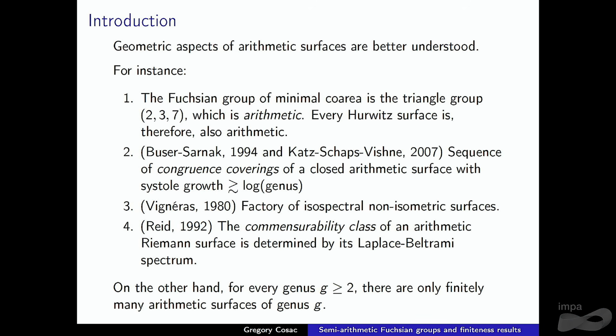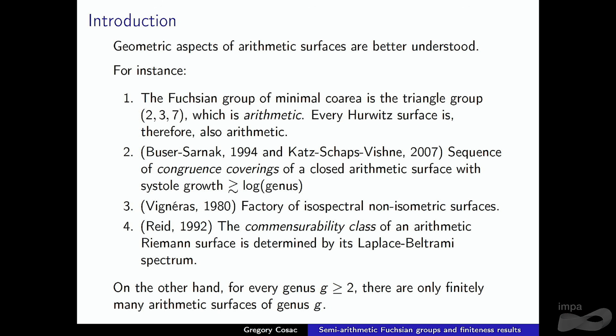Number two, Buser and Sarnak in 94, and then Katz, Schaps and Vishne in 2007, they show that for every closed arithmetic Riemann surface, you have a sequence of congruence coverings. So the degrees go to infinity, and the genus obviously is also going to infinity.